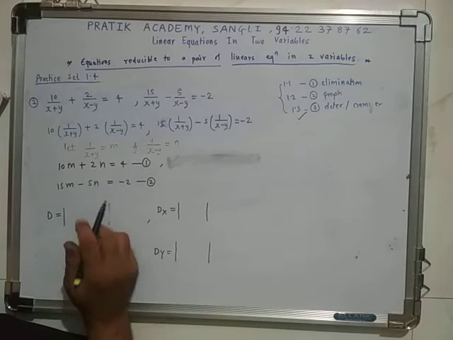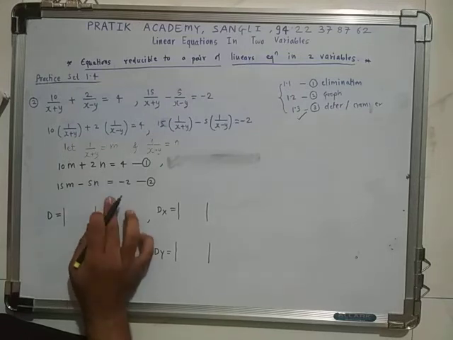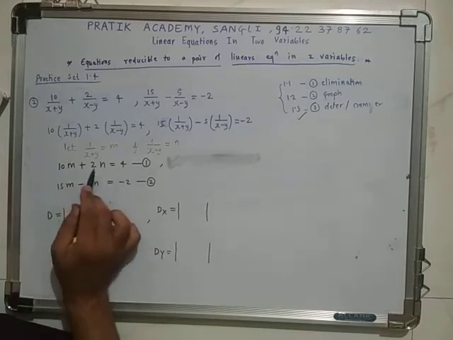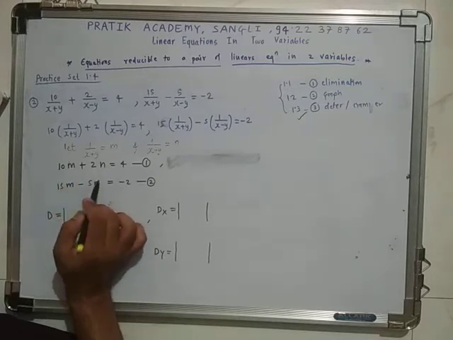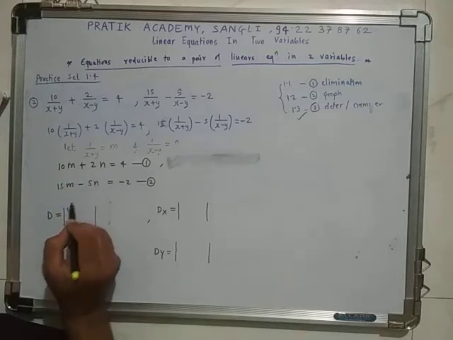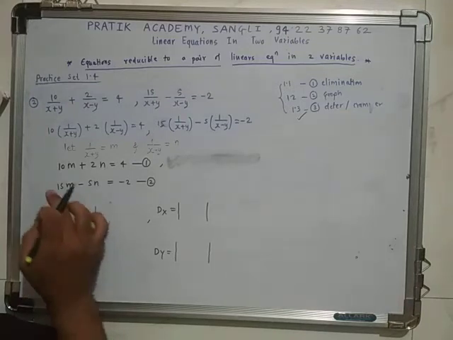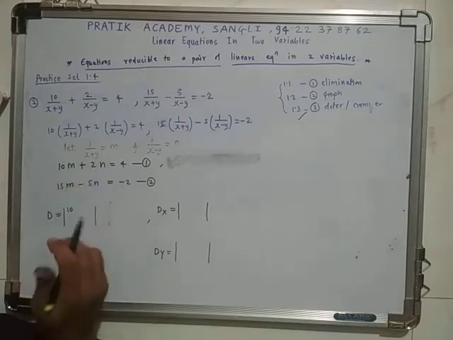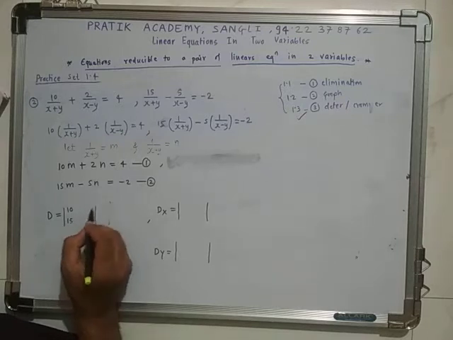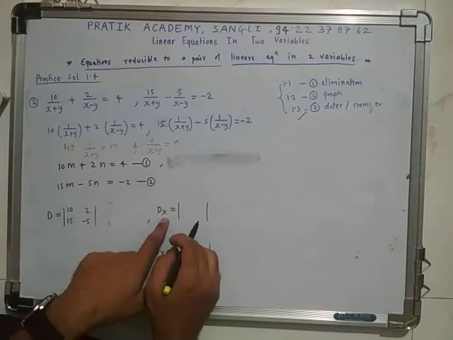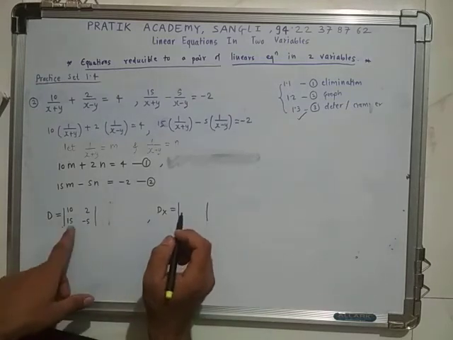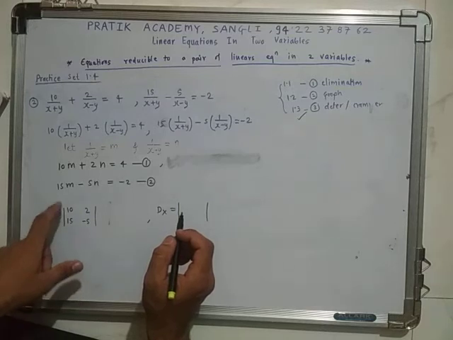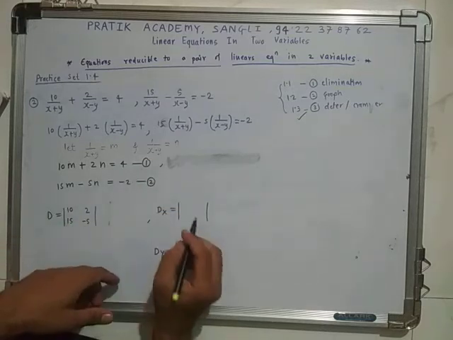Here what will be the value of D? It is the coefficient determinant formed by coefficients of m and n. Sorry for the mistake here, minus 5. Then while writing Dm determinant, we will replace coefficients of m by constant values.